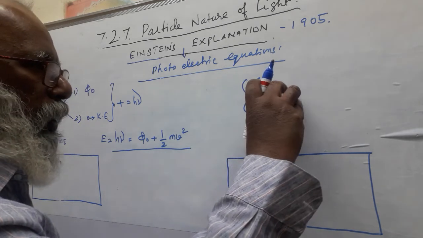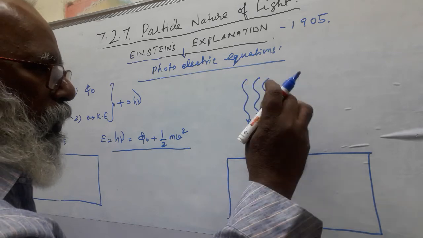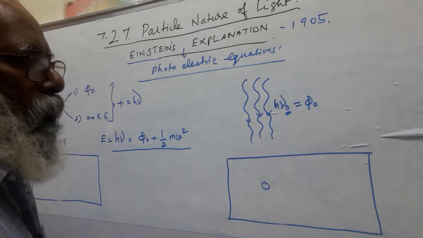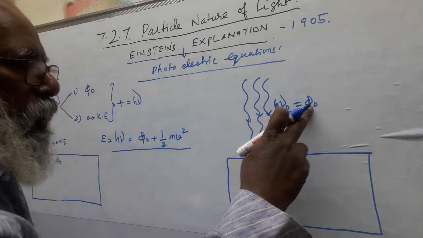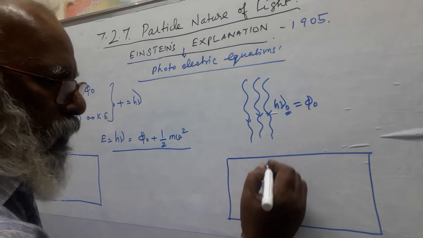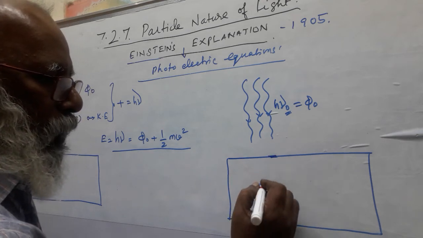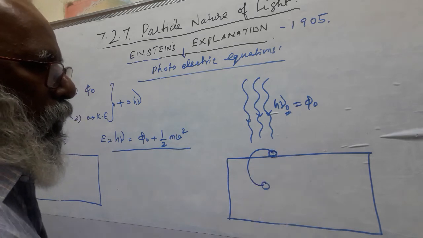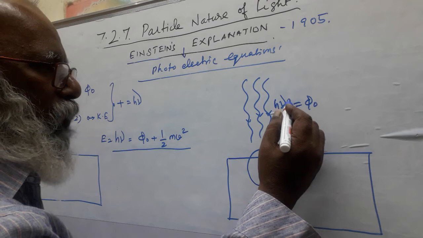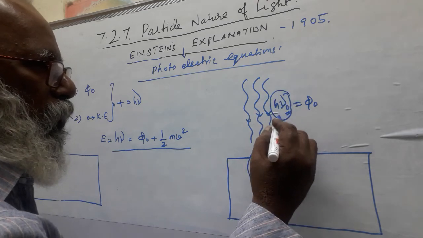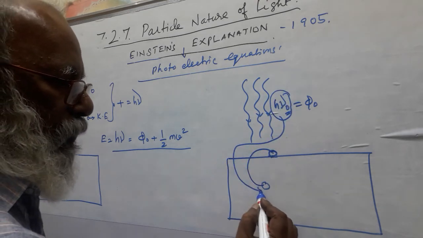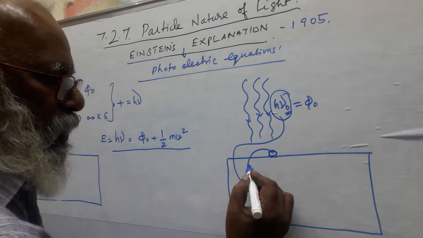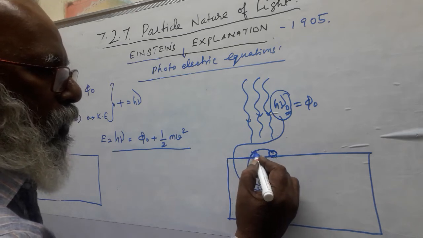If the amount of energy is equivalent to h nu naught, this is equal to phi naught, the work function needed for the electron to break the surface barrier and come out of the outer surface. So the total energy of the incident ray h nu naught is completely absorbed by the electron, and all the energy is exhausted in coming out of the metal.